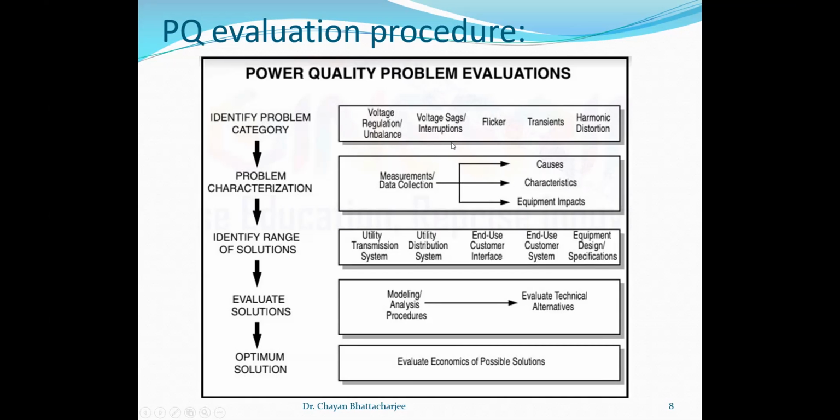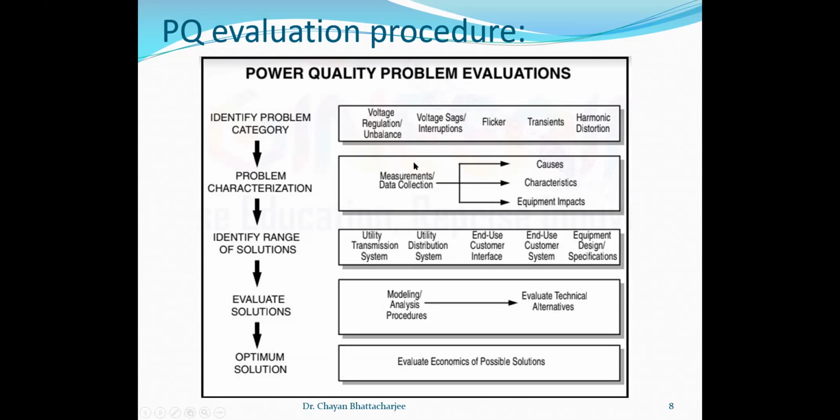Next is voltage sags and interruptions, whether it's a short duration voltage variation, which is sag, swell or interruption, or a flicker or transients or harmonic distortion. We have to first identify the nature. After identifying the problem nature, you have to categorize the problem on the basis of data, that is, the measurement data. You have to measure the data with a power quality monitor.